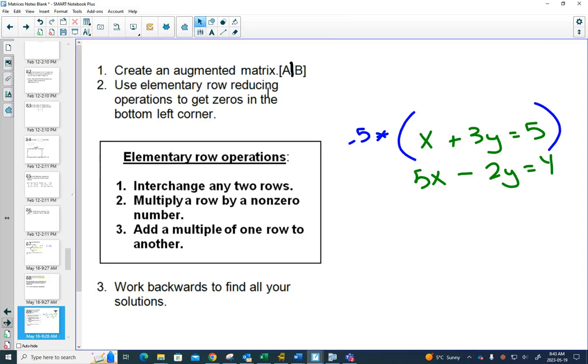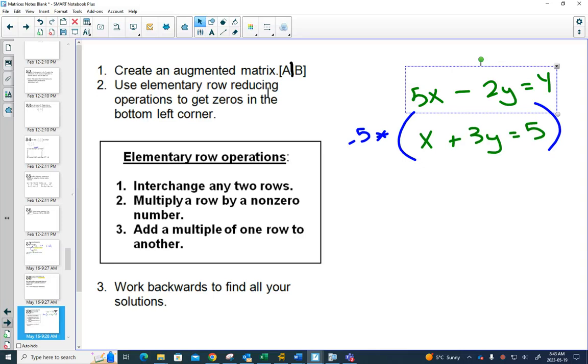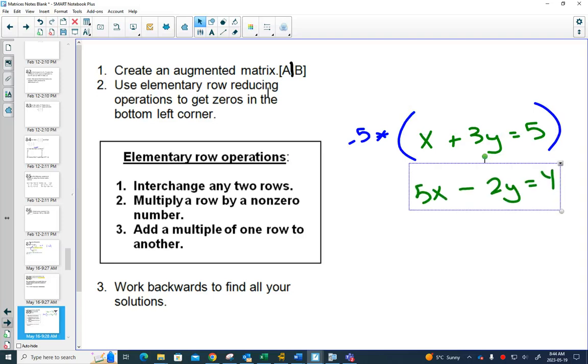Now, would this be different if I move the equation to the top? Am I solving something different? No. So one of the things you can do is you can interchange any 2 rows. You can move your rows around. It's still the same equations, whether you had this one on top or this one on the bottom, right?